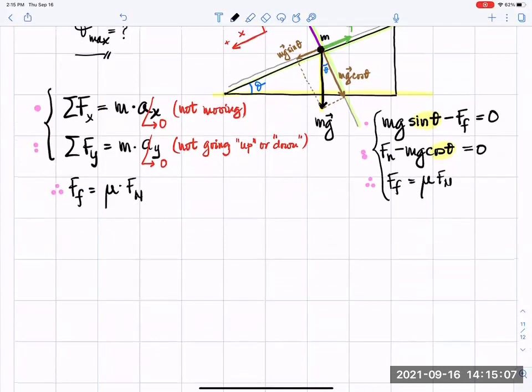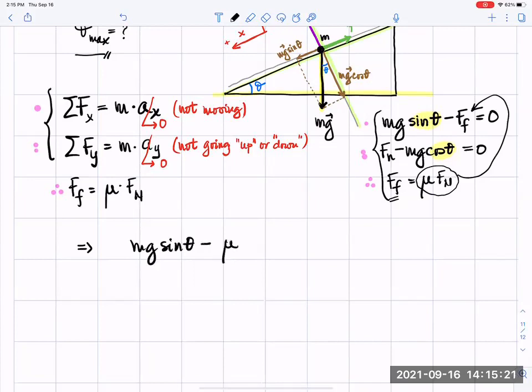The first thing I'm going to do, where the force of friction appears, which is mu Fn, I'm going to plug it into where it's supposed to be. So that becomes mg sine of theta minus mu Fn equals 0. From the second equation, I will separate what Fn is. So the normal force is mg cosine of theta.